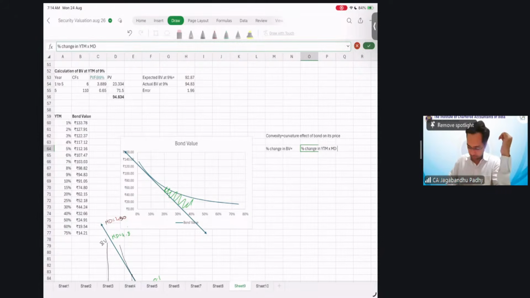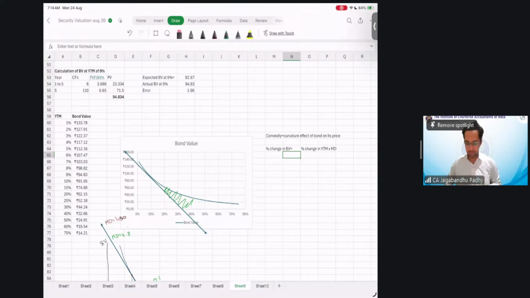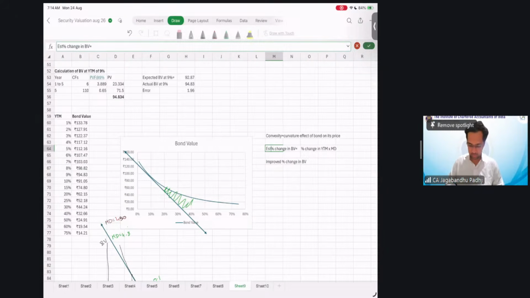But I just need to make it a complete thing, instead of saying this is our estimated percentage change in bond value.